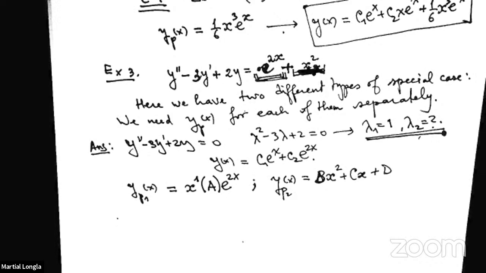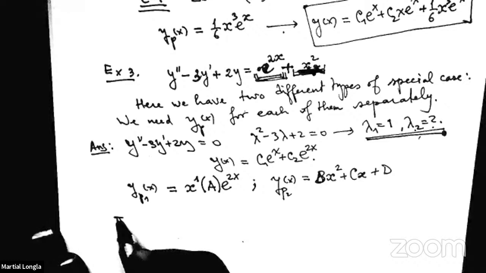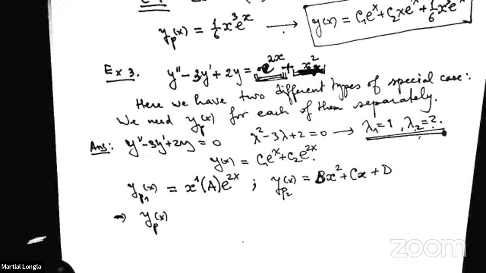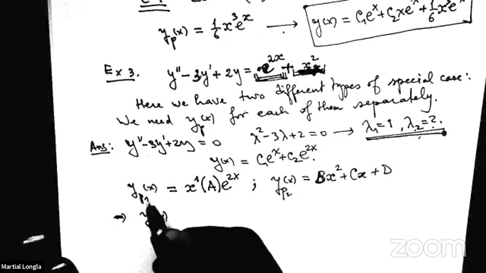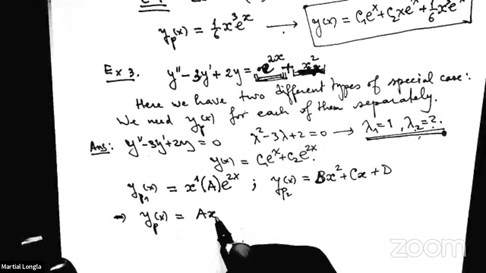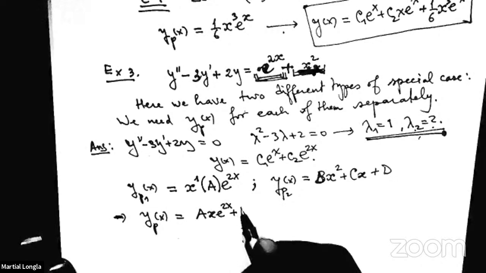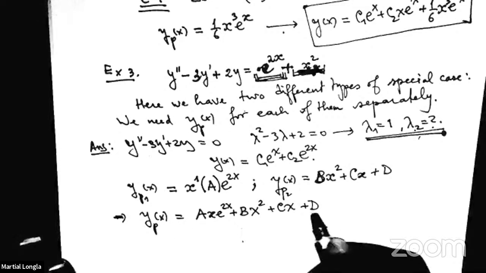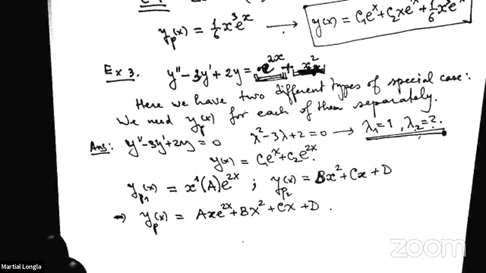And no need to multiply by x to any power because alpha equals 0 is not a root here. And so we are going to have yp of x is the sum of these two yp. Again, that's what we call the superposition principle. So yp of x is going to be 1 plus that. So that's ax e to the 2x plus bx squared plus cx plus d. So that's what yp of x is going to be.